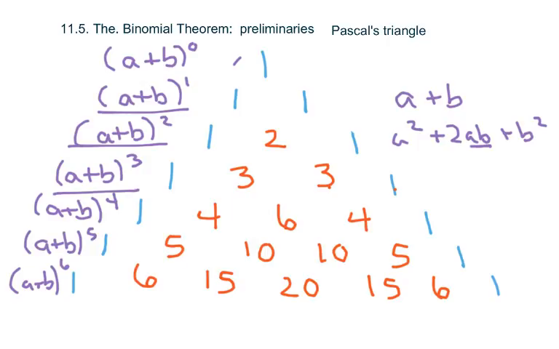This one, let's see if I can squeeze it in here, would be a cubed plus 3a squared b, I can't fit it in, plus 3ab. So we'll do that on the next page. So we'll start on this, and we're going to write all these out. So the next one we have 1, 3, 3, 1.